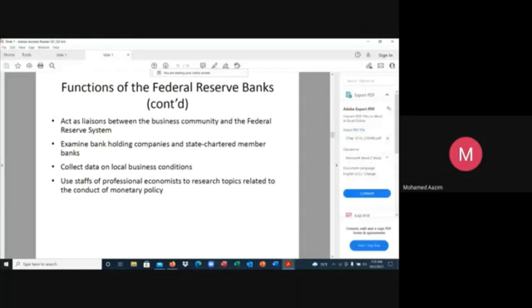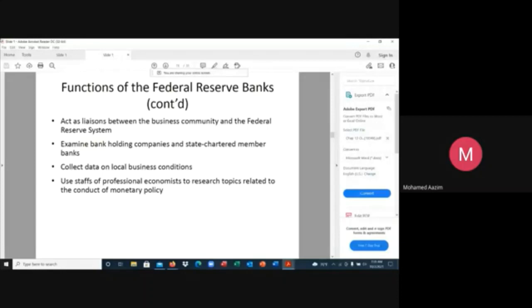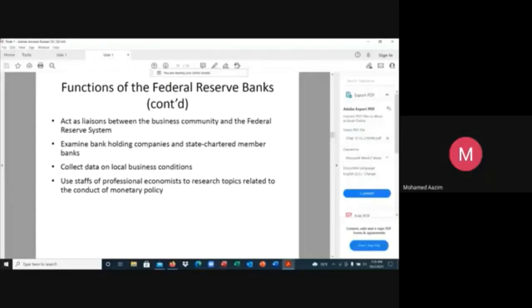And then all the central banks in the world employ professionals, mainly economists, and they present research topics related to conduct of their monetary policy and other related legislative empowerments, right?